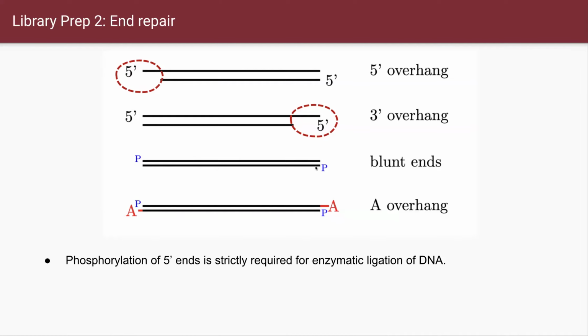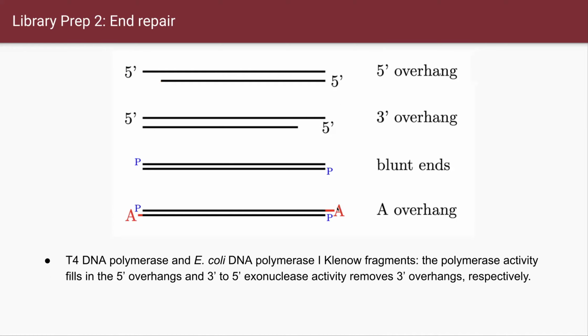This is exactly the same as what we use in this library preparation. So once you get the fragmentation, you make a blunt end repair with phosphorylation, then you do the A-tailing, and then you're ready to put the adapters at the ends of the ligation.